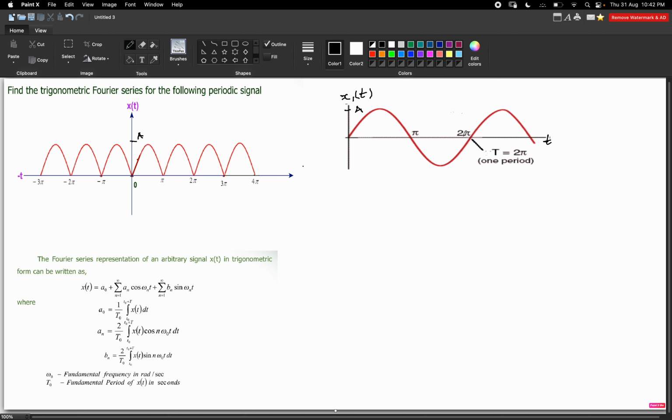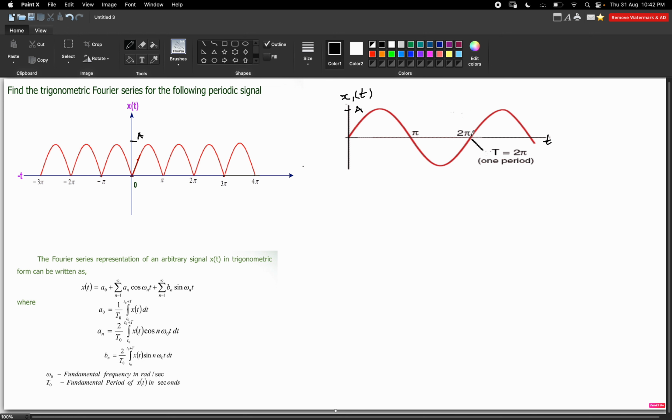Why we are considering this signal is, here the first half ends at pi, so this first half matches with the given signal, and we are extending this sinusoidal waveform to an extent 2 pi.